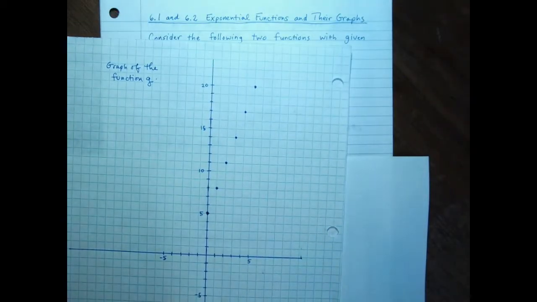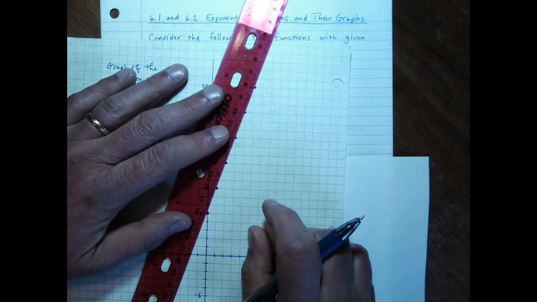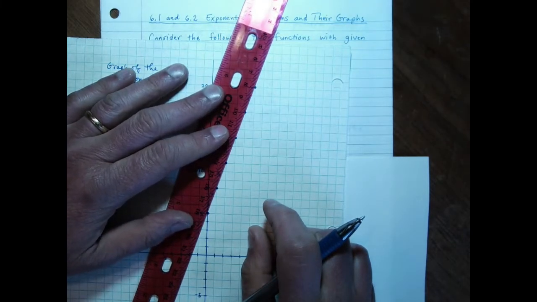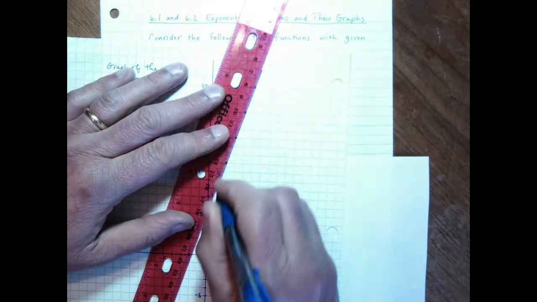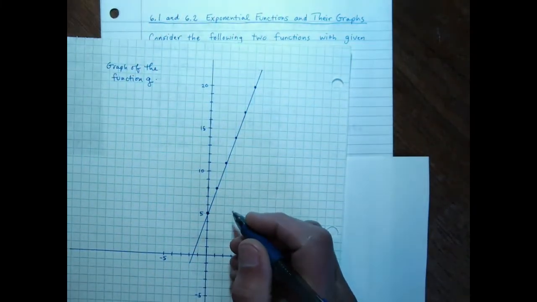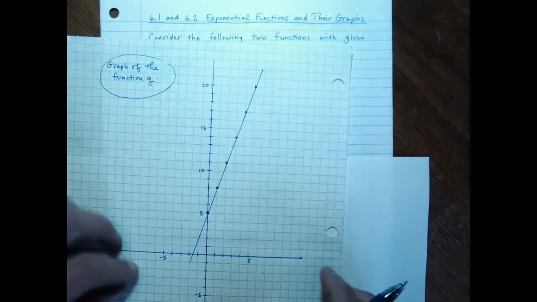And I think you can see that these points line up along a perfectly straight line. Again, this is the graph of the function g in our example.